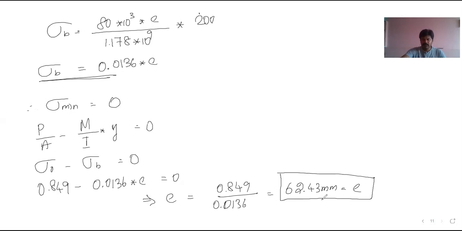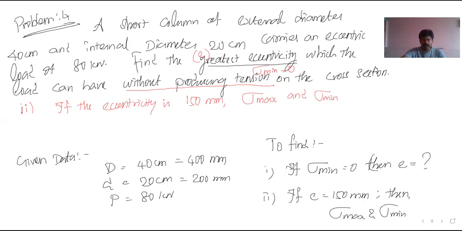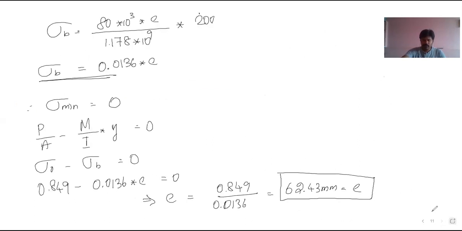Next, the second question. If the eccentricity is 150 mm, then what is the value of sigma max and sigma minimum? That we have to calculate.